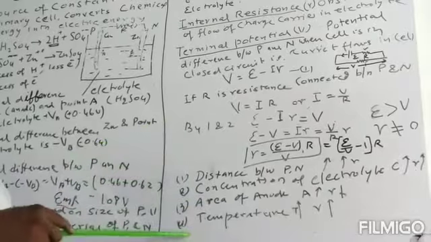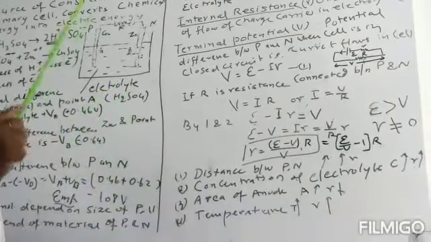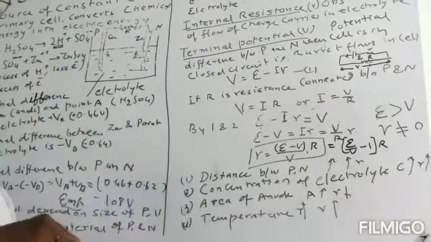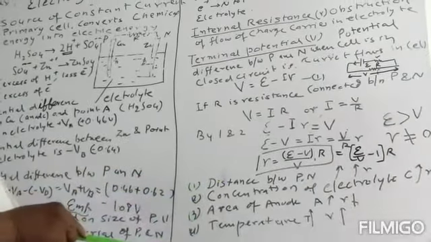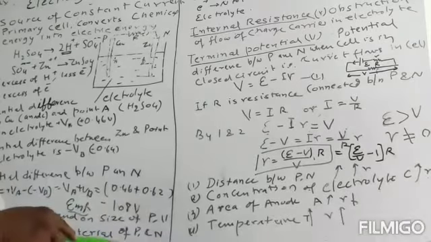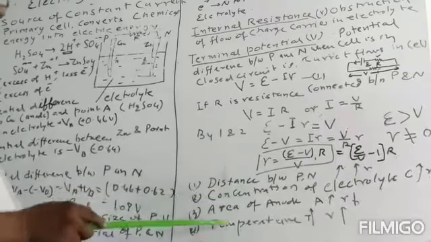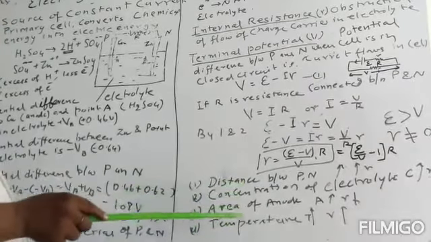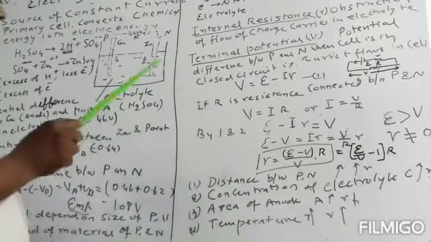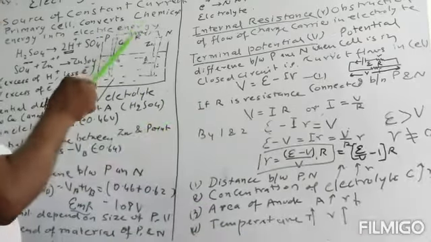So in this way we can say the internal resistance of a cell is not constant, and we will verify this when we take the chapter potentiometer, in which we will find the internal resistance. The internal resistance of the cell varies as we vary the resistance here.